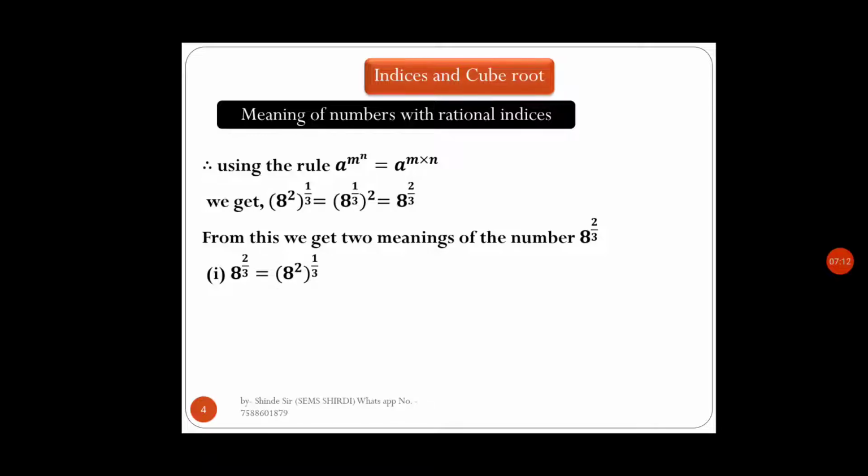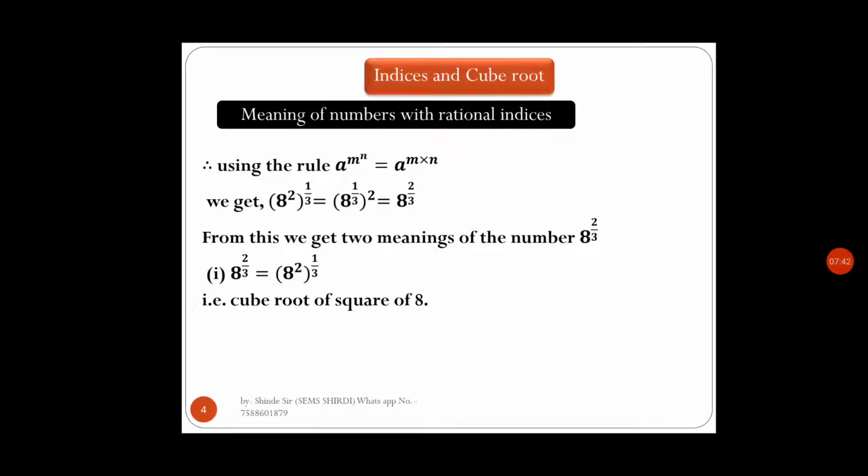First, 8 raised to 2 by 3 is equal to 8 squared, bracket raised to 1 by 3, that is the cube root of the square of 8. 1 by 3 means cube root, and squared means square: cube root of square of 8.